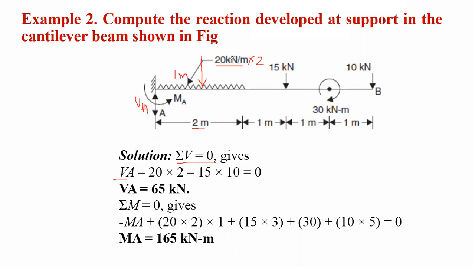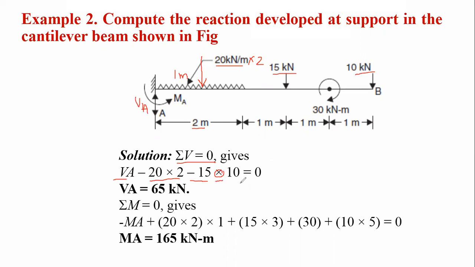That's why we consider only the load, and the load is 20 into 2. We have converted the UDL into a point load. Now this 15 kilonewton load is going vertically downward, that's why minus 15. Minus 10, which is also going vertically downward.